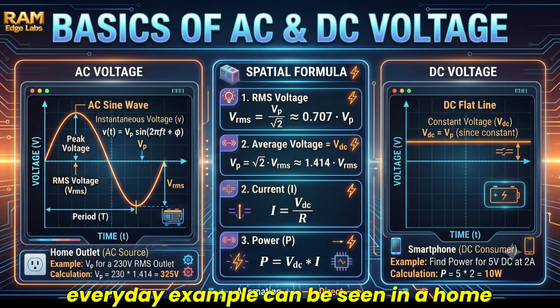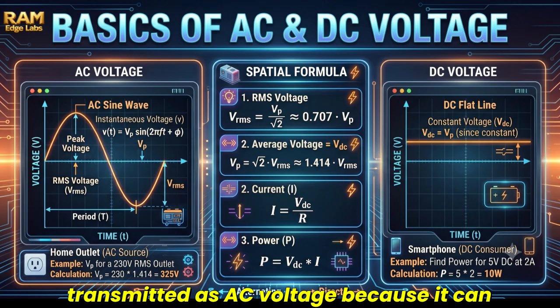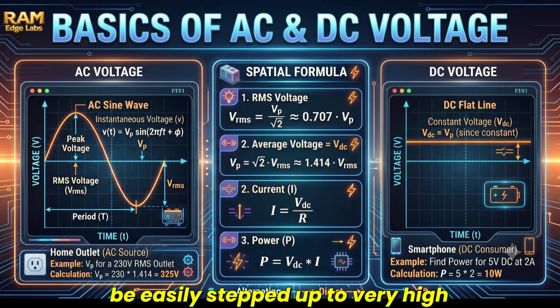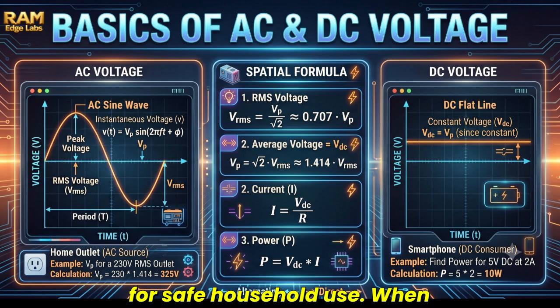Another everyday example can be seen in a home electrical system. Electricity generated at a power station is transmitted as AC voltage because it can be easily stepped up to very high voltages for efficient long-distance transmission and then stepped down again for safe household use.